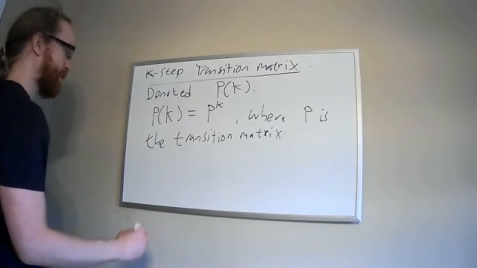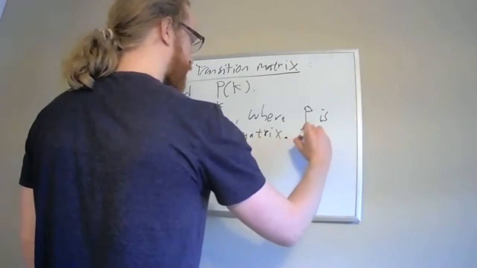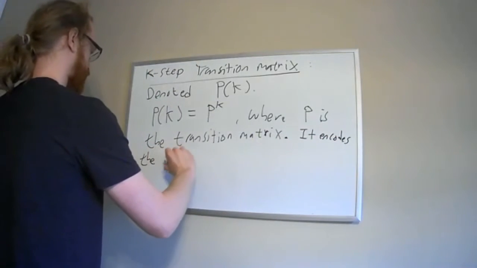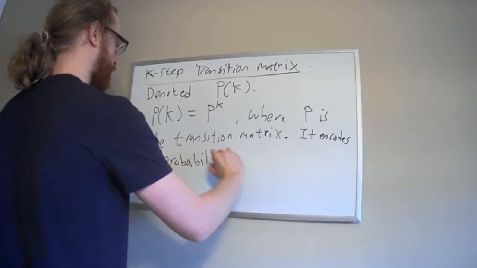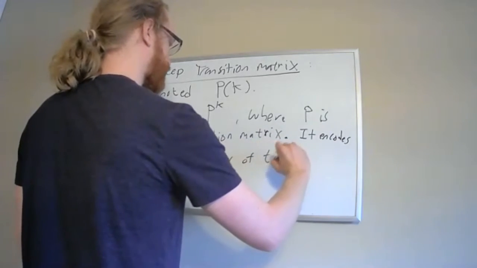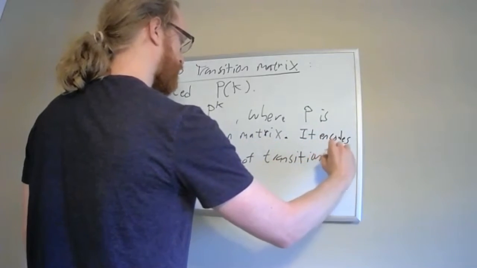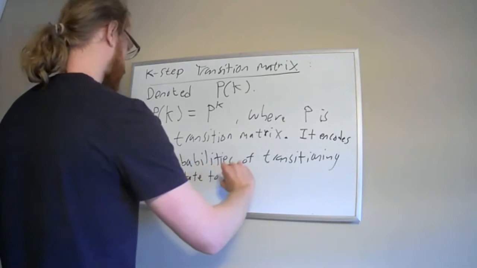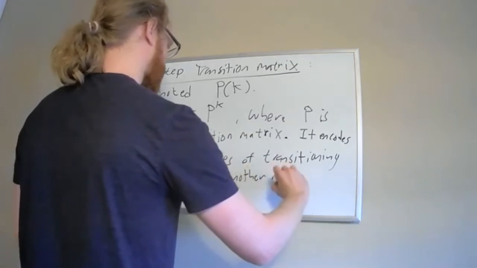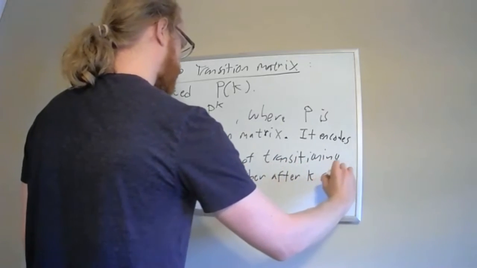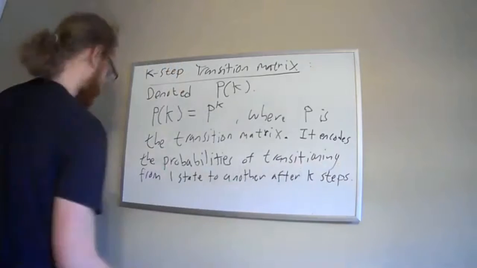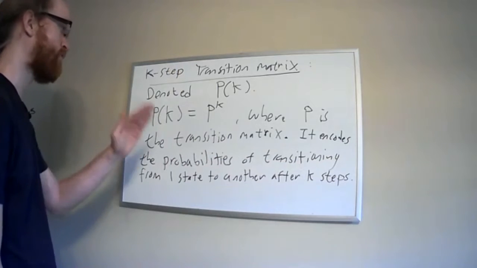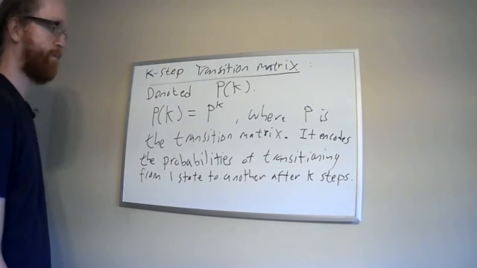This is the K-step transition matrix, and it encodes the probabilities of transitioning from one state to another after K steps, or stages, or whatever word we're going to use here, but I'll use steps. So after K steps of the process, all the probabilities of transitioning from one state to another are encoded in this matrix.